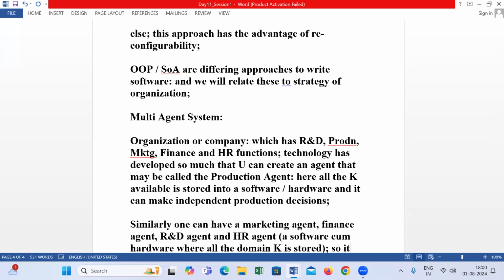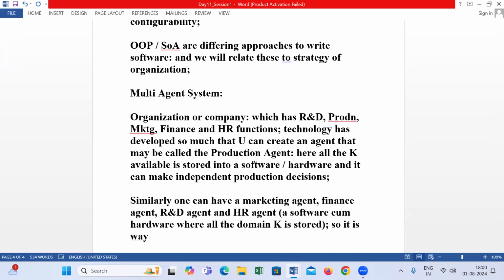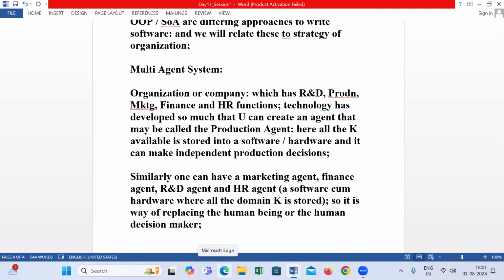So it is a way of replicating the human decision maker. So that is how the technology is heading. And if you have to integrate the decisions of production, marketing, and finance, several advances have been made, and we have what is known as an integration agent.